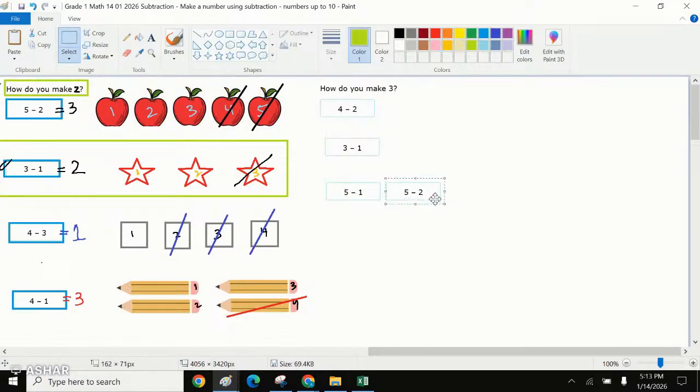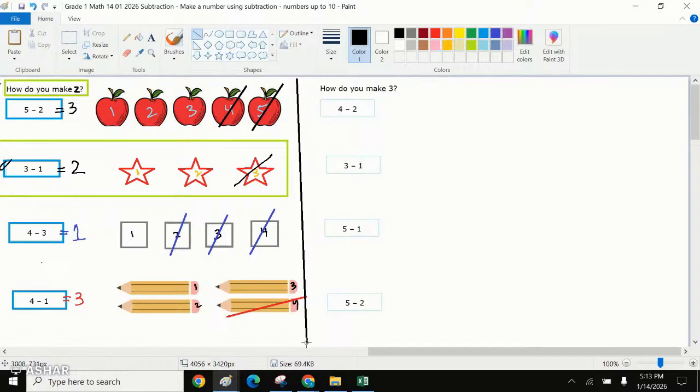I'll just make a margin in the middle so that we can keep the questions separate. In question number 4, they're asking us, how do you make a 3?